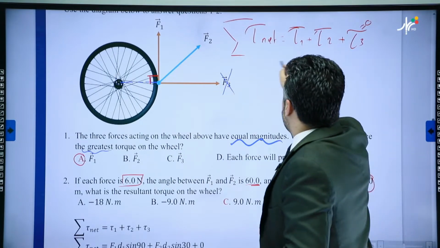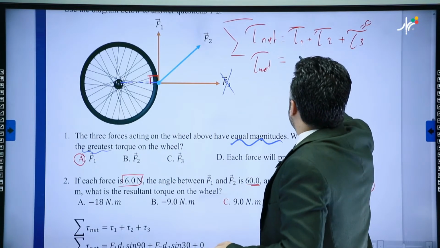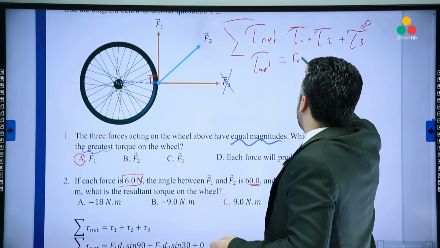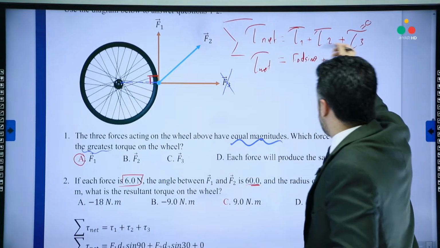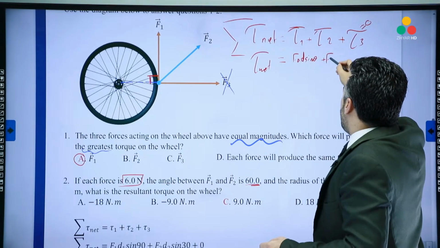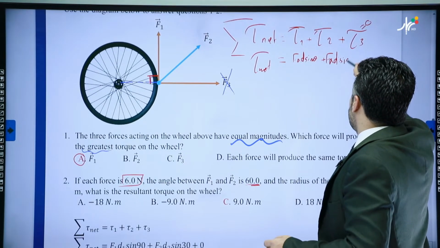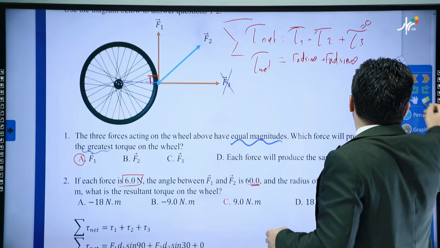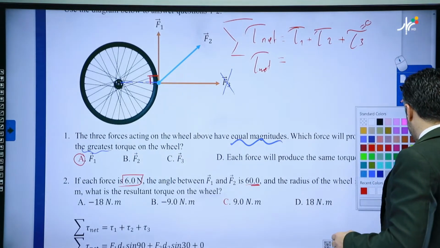So the net torque is going to be torque 1, which is F times d sine theta, plus torque 2, which is also F multiplied by d sine theta. Let me write this one better, perhaps in different colors so you can see better.